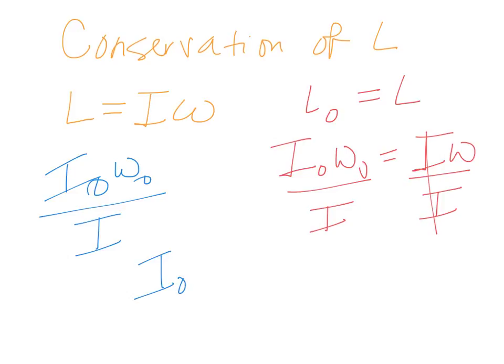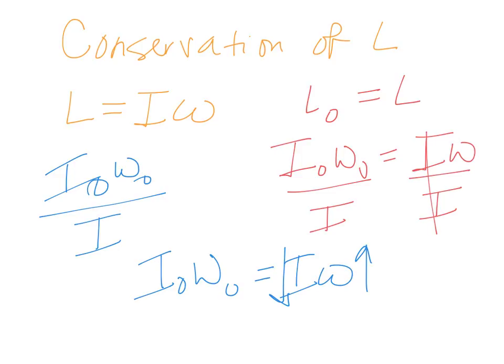Because if I naught omega naught equals I times omega, then if I halve this value, this is going to actually have to double in order to stay the same momentum, and that's why she'll get faster. Ballet dancers do the same thing, and they use their legs and their arms as well, except they're not on ice, they're on their toes, and so there's a little bit more friction involved. They won't spin as fast, but pretty darn fast as well.